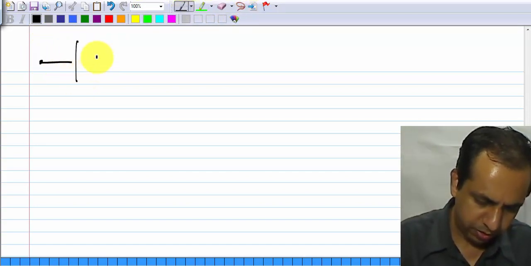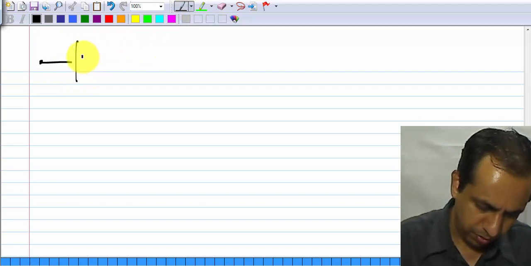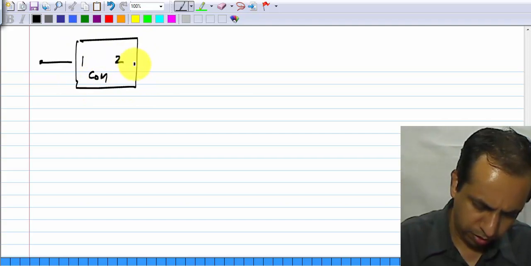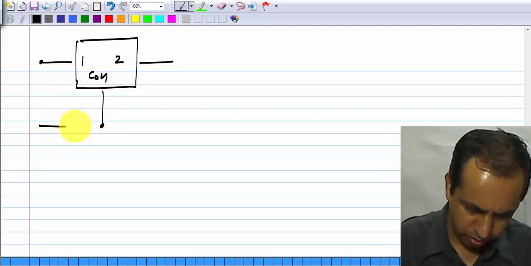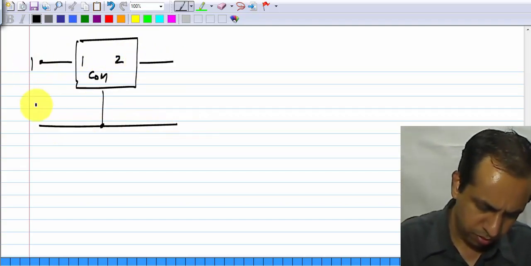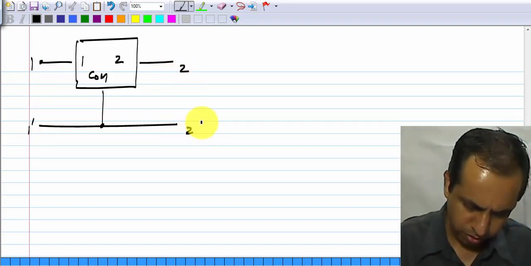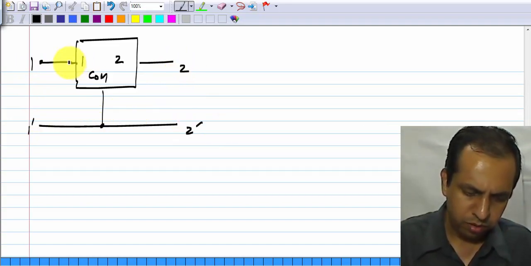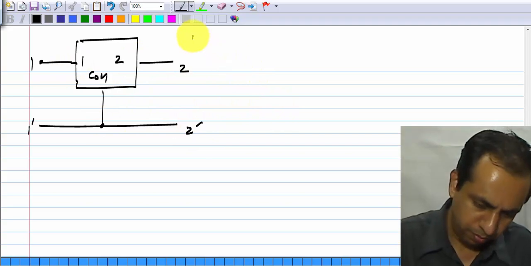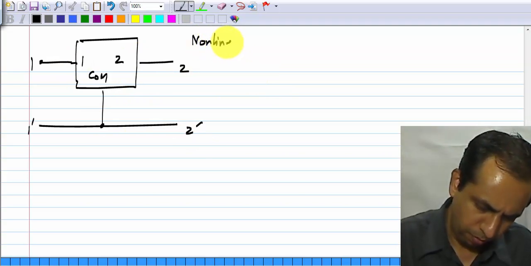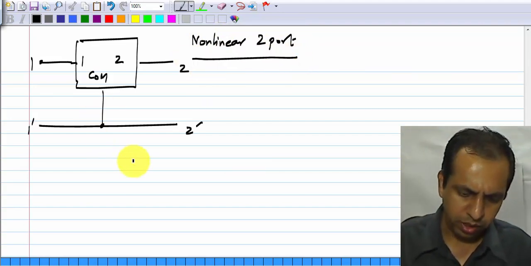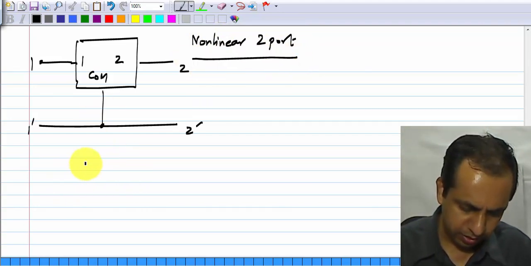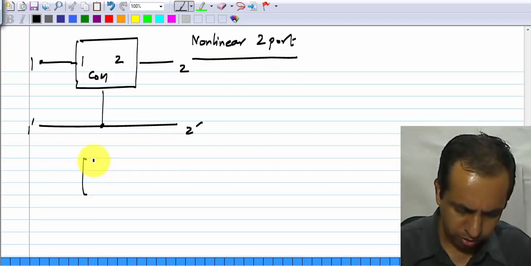We have our nonlinear two port. The equivalent of this is a linear two port.